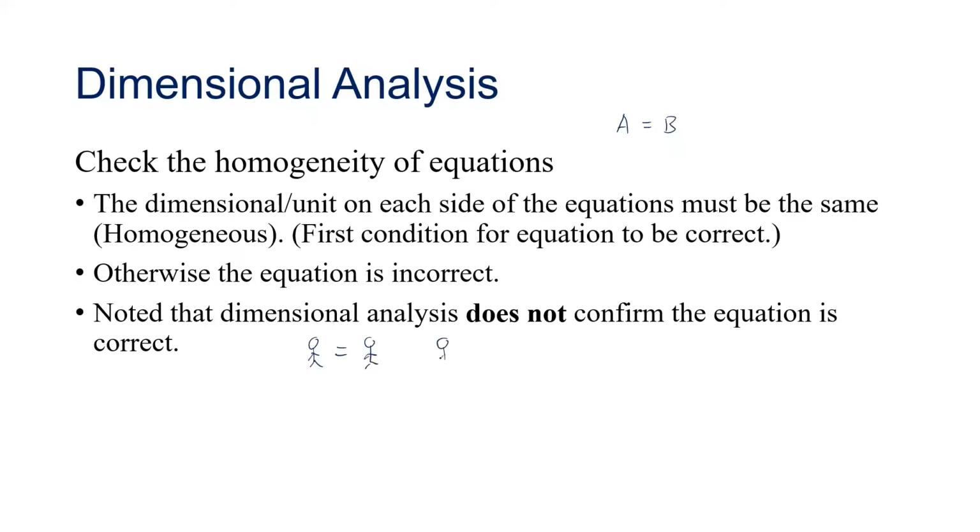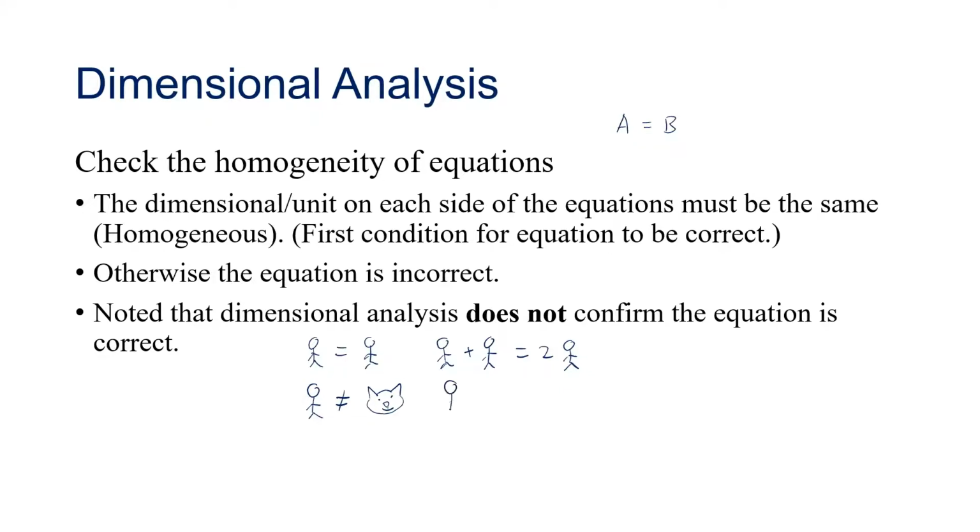If we have humans, we can do addition: one human plus one human gives two humans. Now, clearly it is impossible for a human to equal a cat. This is just impossible. So this is not equal.